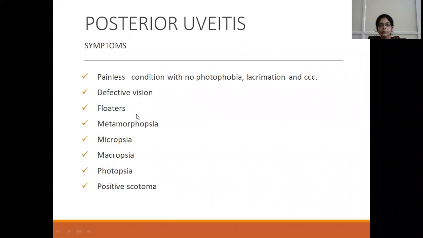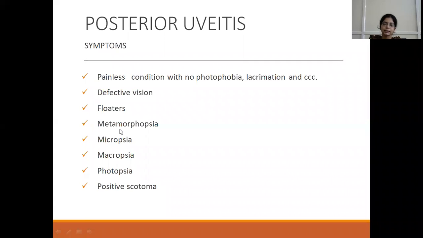So the most common symptoms, especially if the central area is involved, are defective vision because of the inflammation of the choroid, and floaters, caused by any vitreous opacities or vitreous inflammation. And metamorphopsia.